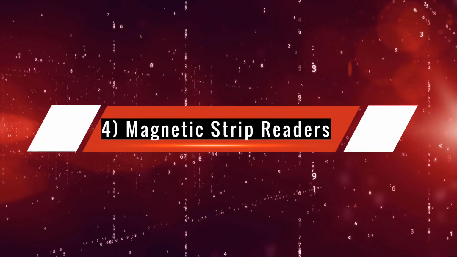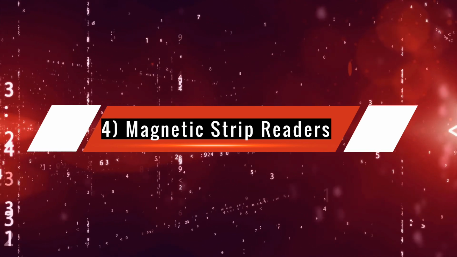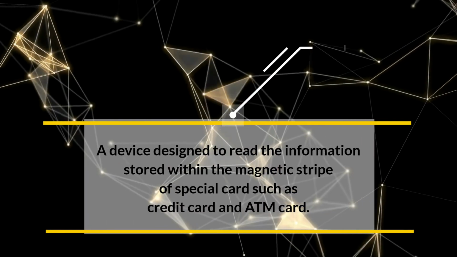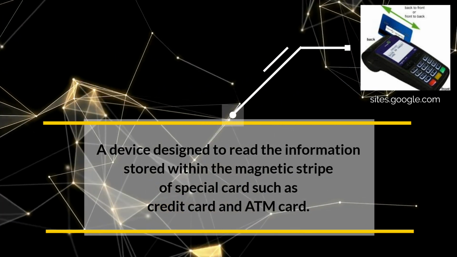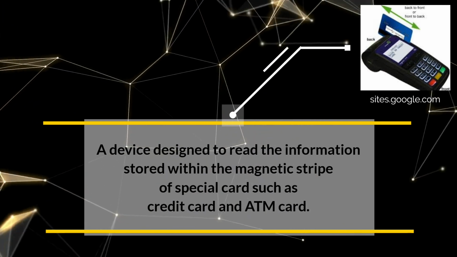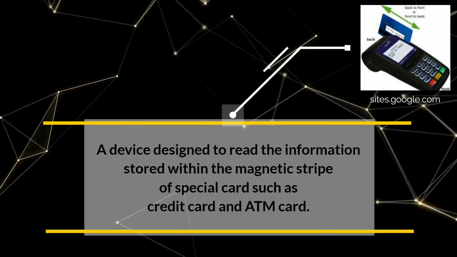Method number 4, magnetic strip readers. A magnetic strip reader is a device designed to read the information stored within the magnetic strip of special cards such as credit cards and ATM cards.